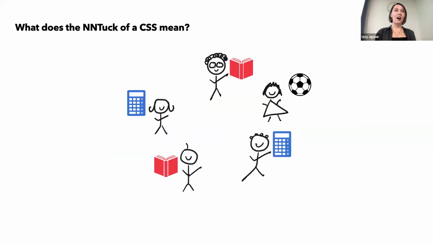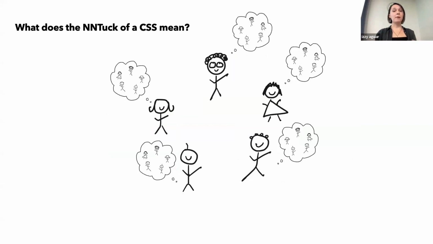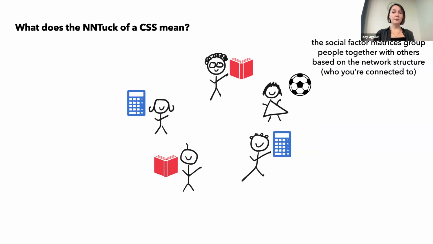So what does this mean and how can we interpret this? If people belong to the three groups that I referred to before, like a math club, a reading club, and a soccer club, then that could be expressed in the latent social spaces. But if we also say that people rely on certain rules to recall their networks in particular ways, so some people have a blue set of rules for recalling their network, and some people have a yellow set of rules, then this can be captured as well.